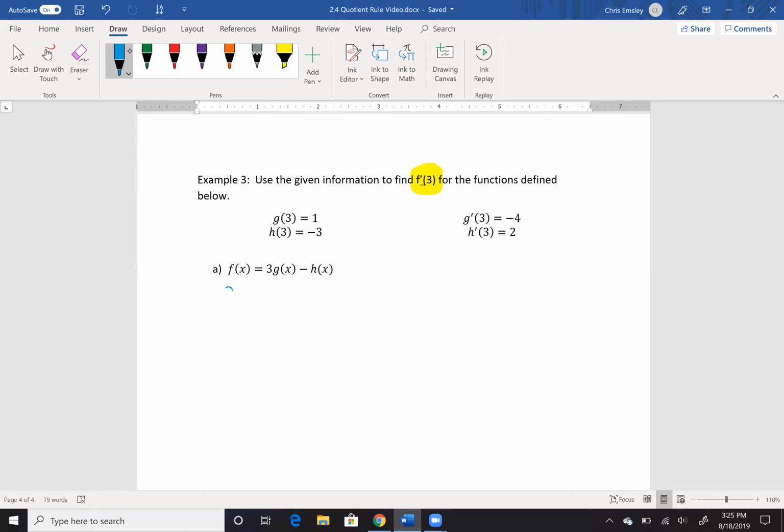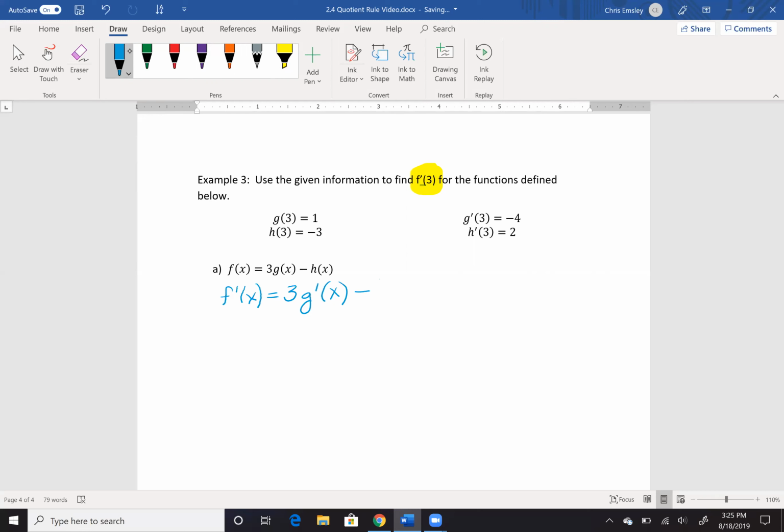So here we need to find f prime of x. Okay, anytime you have a constant times a function to differentiate it, it's just the constant times the derivative of that function. Notice we don't know what g of x is, so we don't actually have to differentiate it. We just use our derivative notation.